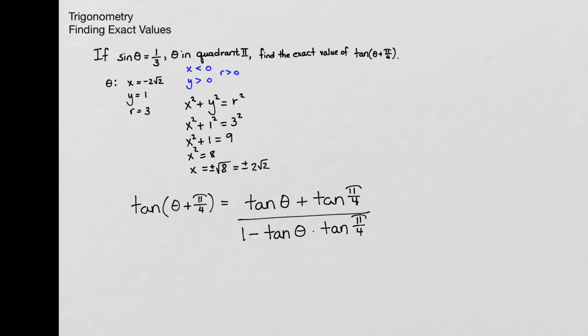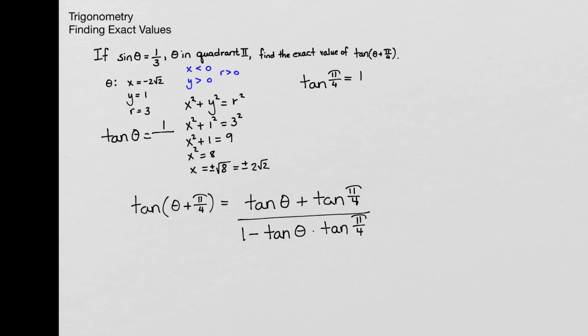Okay, so what do I know about the tangent of pi over 4? Well, tangent of pi over 4, that's one of our basic angles. So I know that that's equal to 1. And tangent of theta, well, we know that y is 1 and x is negative 2 square roots of 2.